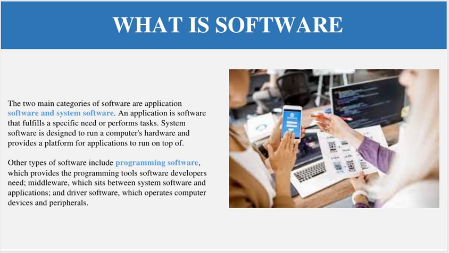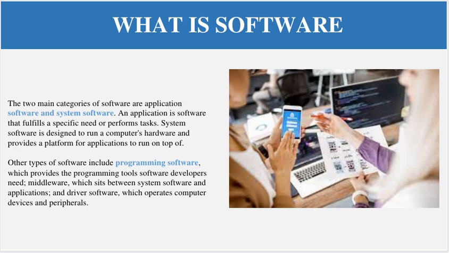Another example is Microsoft Office, like Microsoft Word or Microsoft Presentation, any software which provides you some outcome that you can use in your daily life. So this is called application software.